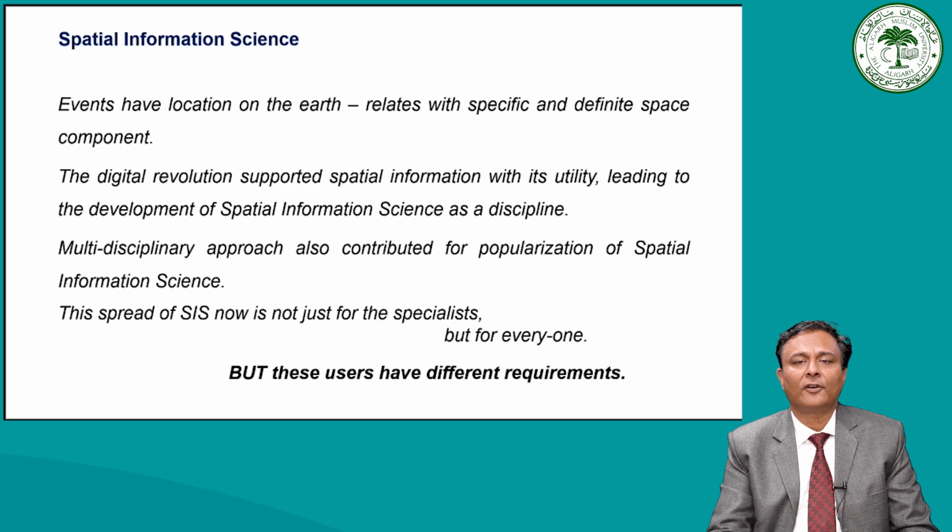The digital information revolution of the late 20th century has allowed this spatial information to be more easily accessed, analyzed, and used than ever before. This led to the development of spatial information science as a discipline and the emergence of geographic information science, the GIS, as a core of digital technology.